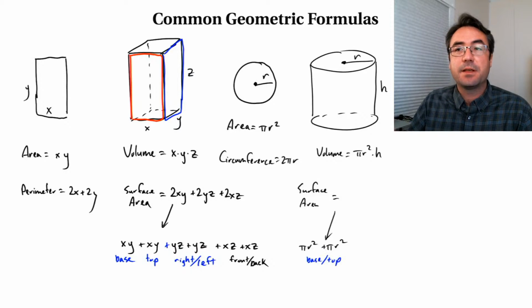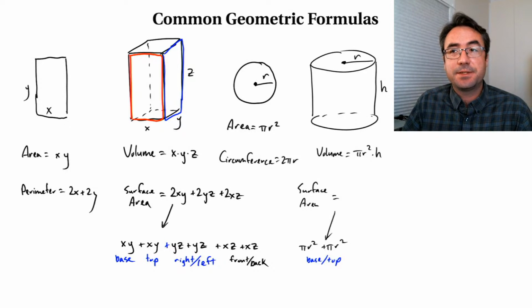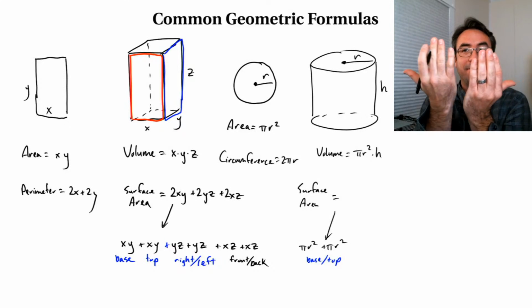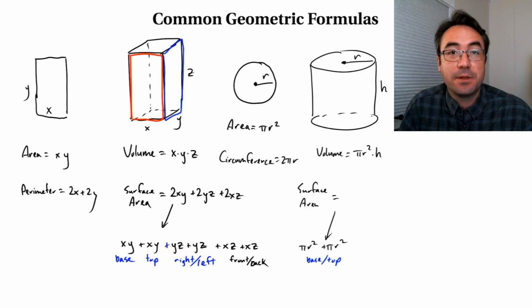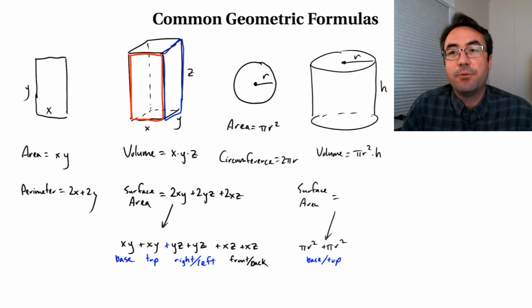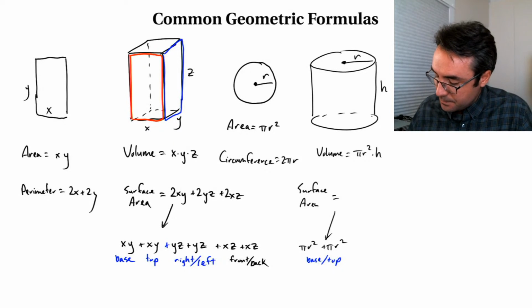And then the only thing left that's a little bit different is the area of the sides, which is, if we were thinking of it like a can, it would be the label of the can, and that would be the circumference times h. So it would be 2 pi r times h.